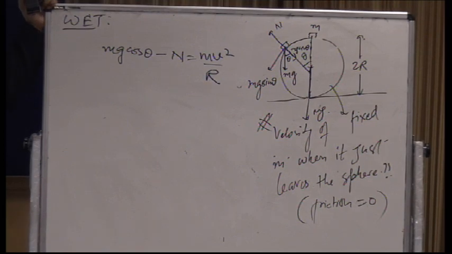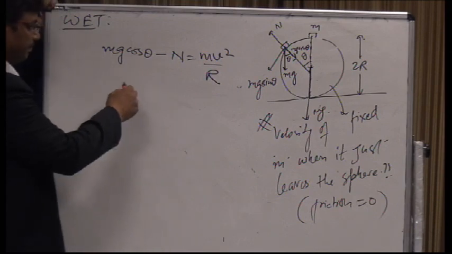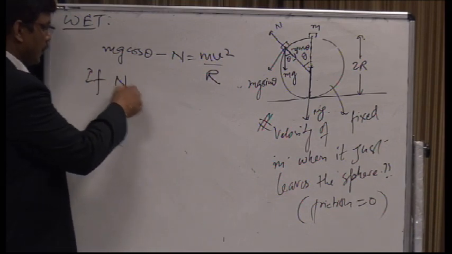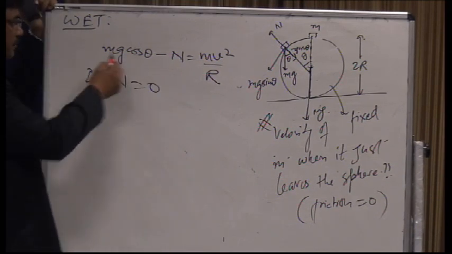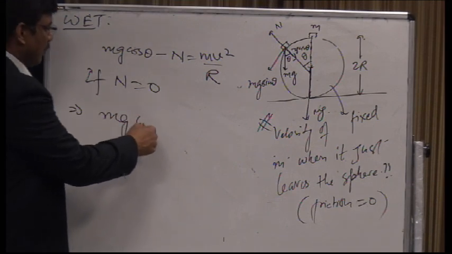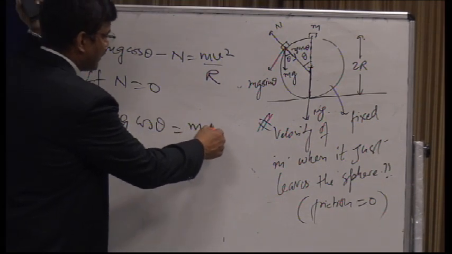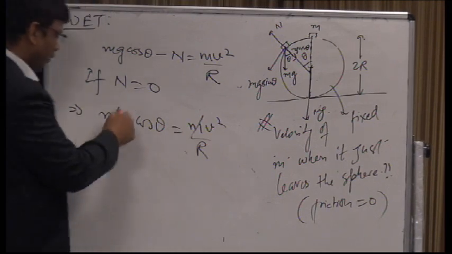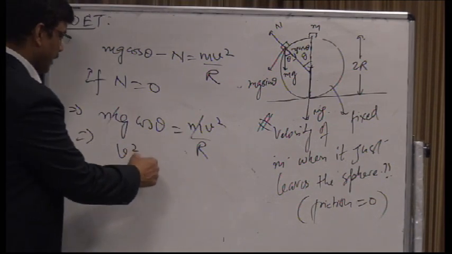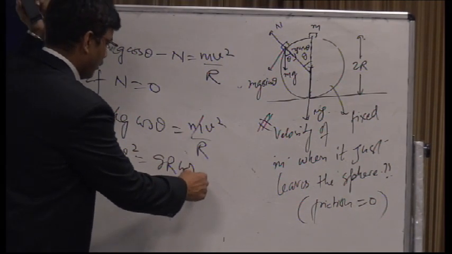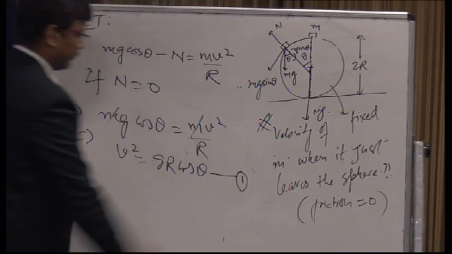Because I have not represented the centrifugal force, ठीक है, and therefore I am writing from IF. Fine. If N is 0, then बोलो mg cos theta is mv square by r, and therefore v square is gr cos theta. Equation 1.